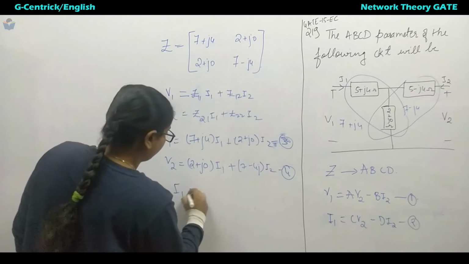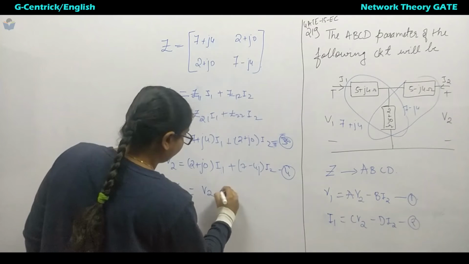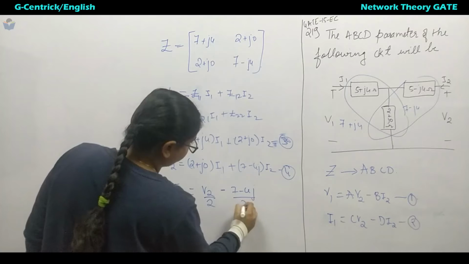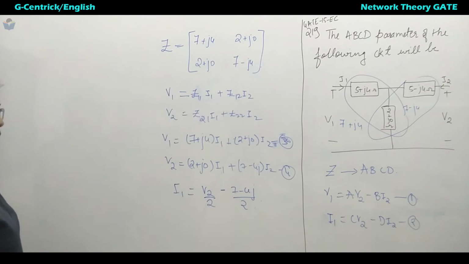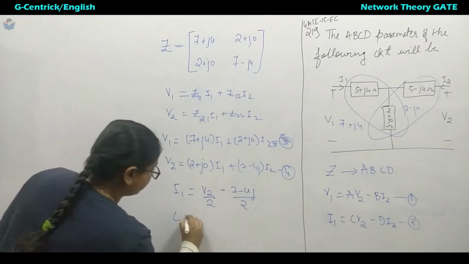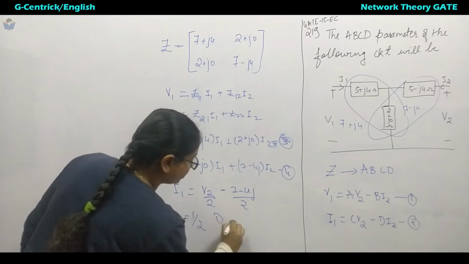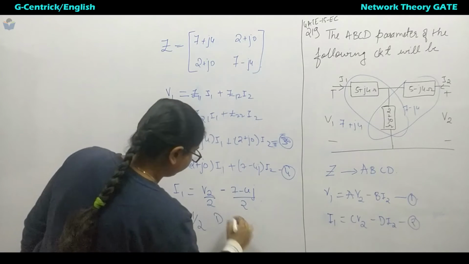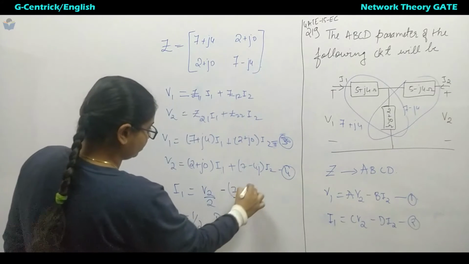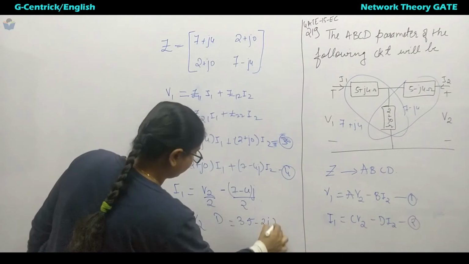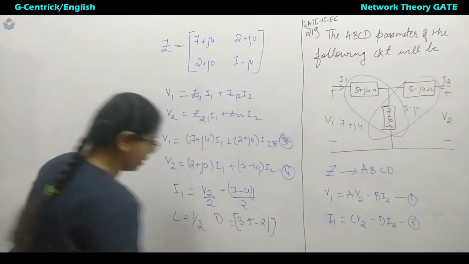I1 equals V2 minus 7 minus 4J times I2, divided by 2. Here also it is divided by 2. Is that right? Yes. So the C parameter is nothing but 1 by 2, and D is equal to 3.5 minus 2J. So this is our D parameter.